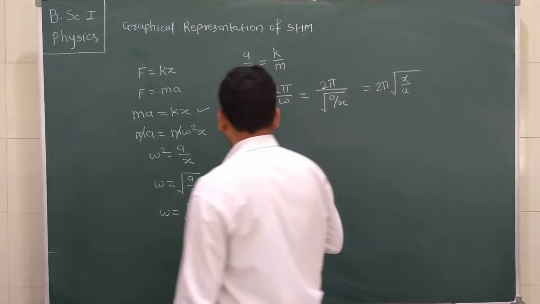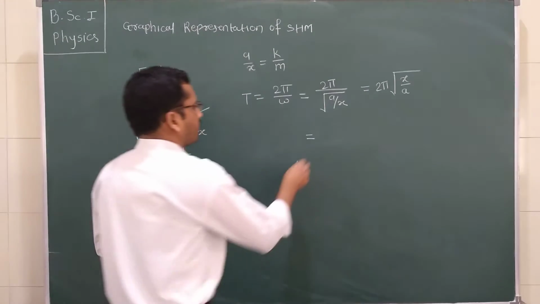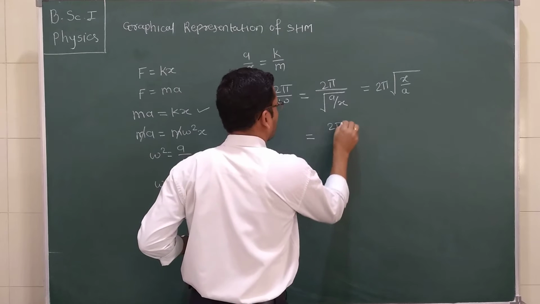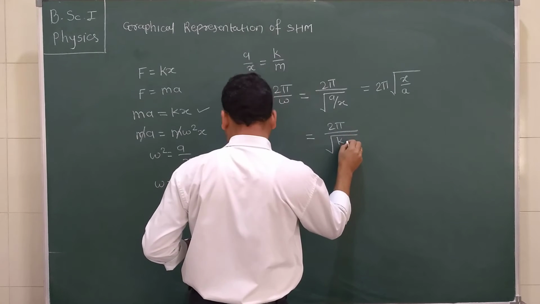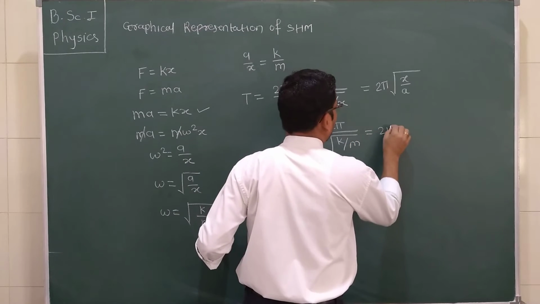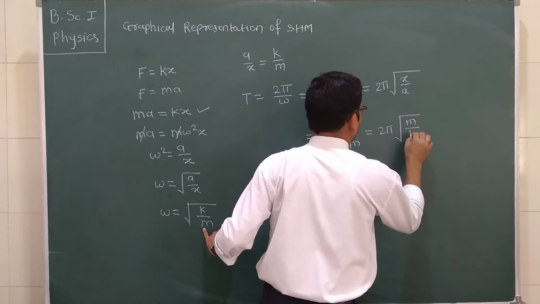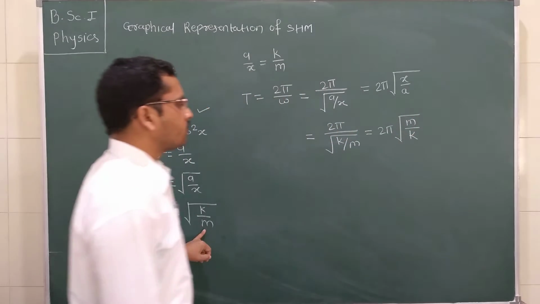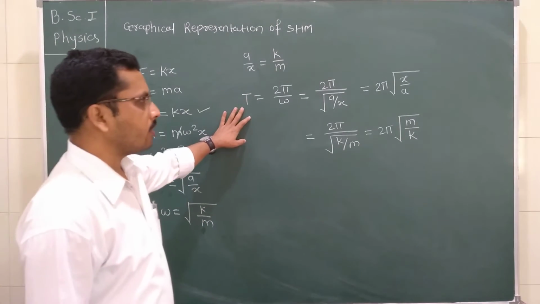And by using the other equation, we can write 2 pi under root k by m, which is equal to 2 pi under root m by k. So these are the two equations for the time period of a simple harmonic motion.